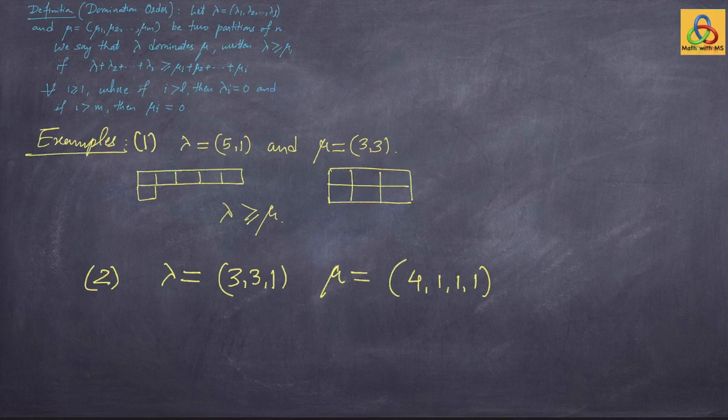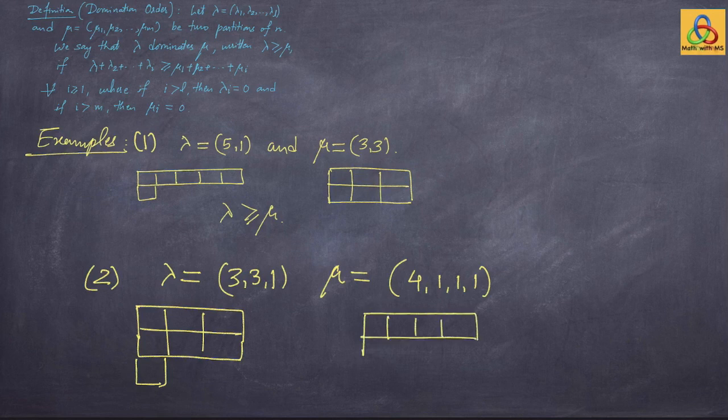You can simply use the definition, or you can just check the diagram. This is the Young diagram of lambda, and the Young diagram of mu is this. Now you can see that the number of boxes in the first row of lambda is 3, whereas the number of boxes in the first row of mu is 4. So lambda is certainly not bigger than or equal to mu.